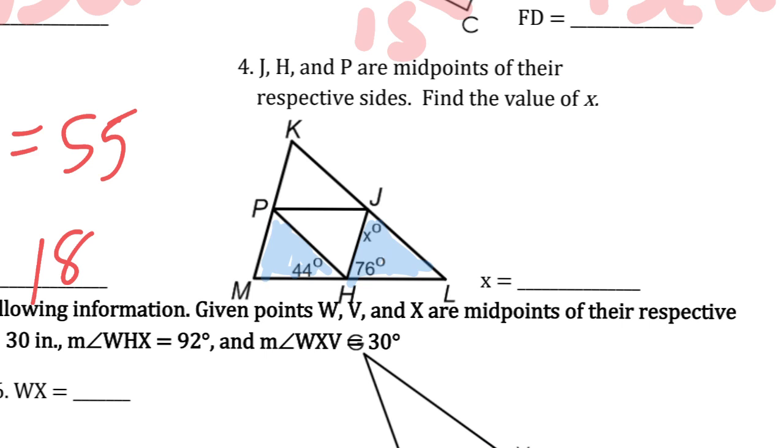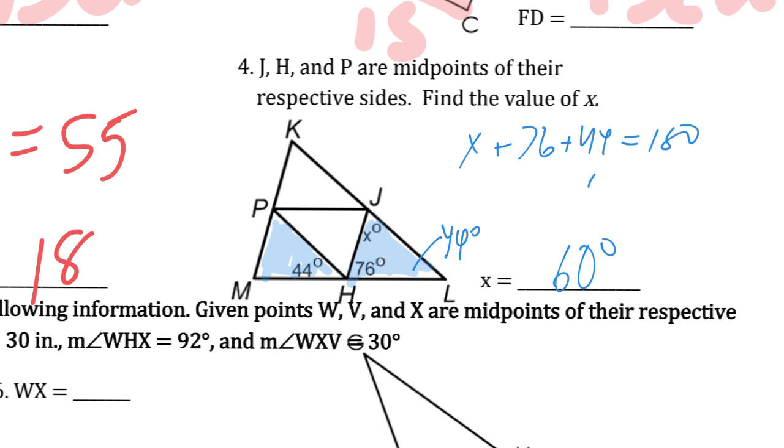So over here, this will be 44 degrees. By the triangle sum theorem, x plus 76 plus 44 is equal to 180. If we subtract 76 and 44 from both sides, we get this measure to be 60 degrees.